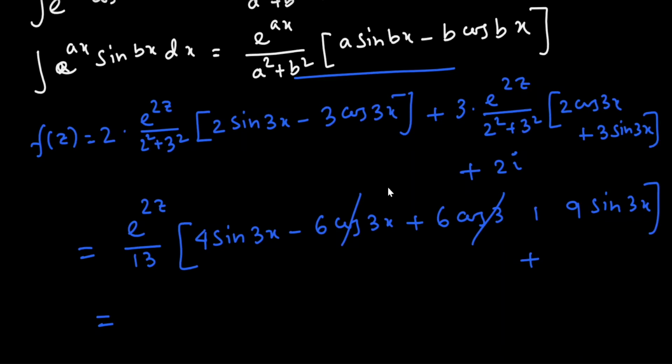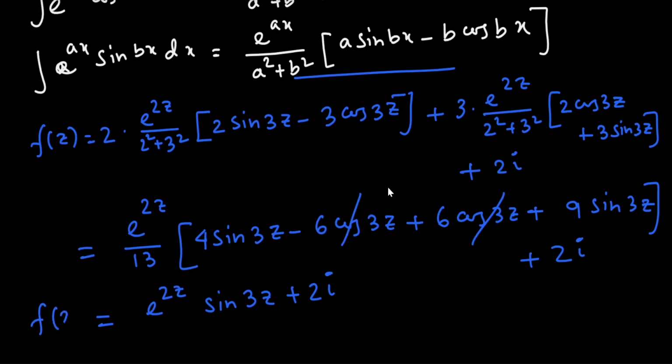Sorry, these all are z. This plus 2i. So this is equal to 4 plus 9, 13. So e to the power 2z into 13 cancel, sin z plus 2i. So this is the value of f(z).